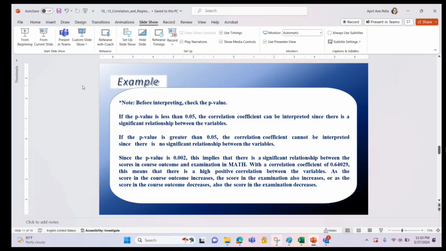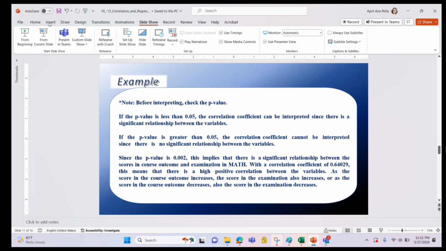Since a p-value of 0.002 is less than 0.05, this implies that there is a significant relationship between the scores in the course outcome and examination in math. And with a correlation coefficient of 0.64029, this means that there is a high positive correlation between the variables.